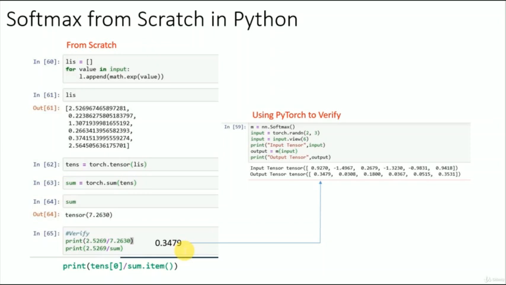Okay, and if you verify it here, we also have the same exact answer, 0.3479. Okay, so the sum here is the summation of all of these values, which is 7.26, and when you take each one of these values and divide it by the sum, then you get basically the probability distribution that sums up to 1.